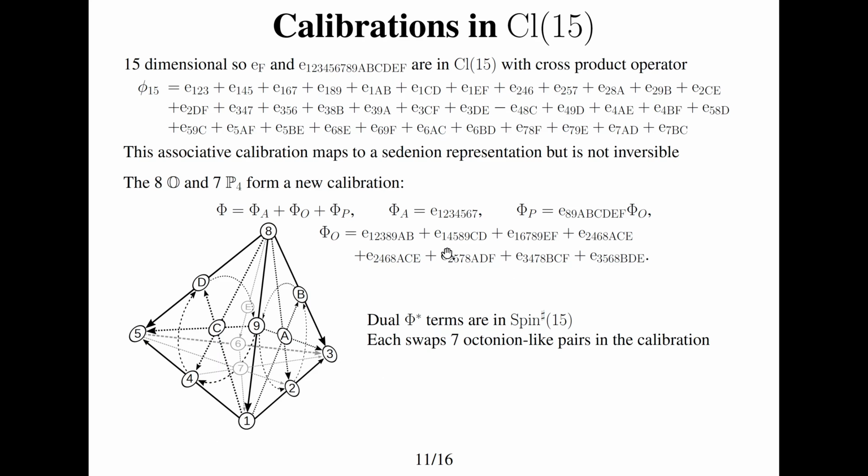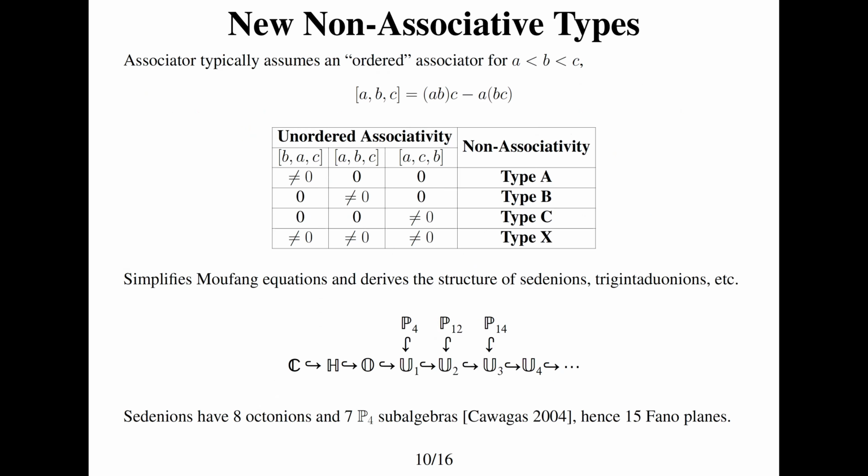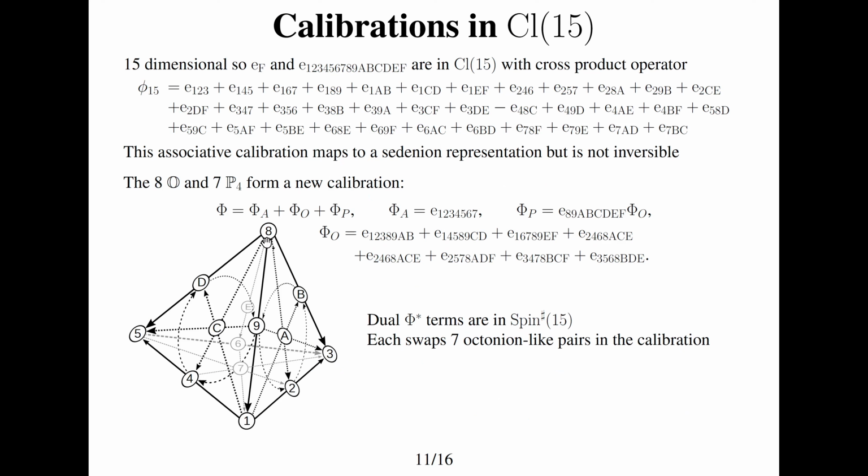But we can do better than three colors. Remember I said that there were three lots of algebras in U3. This is U1.